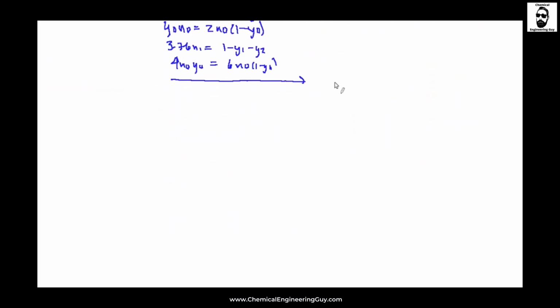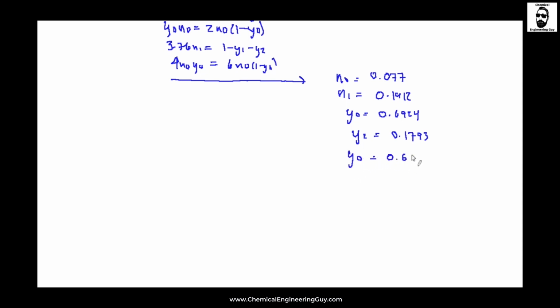I'm kind of lazy, but I got N0 equals 0.077, N1 equals 0.1912, Y0 equals 0.6924, and Y2 equals 0.7093, and Y0 will be 0.692.